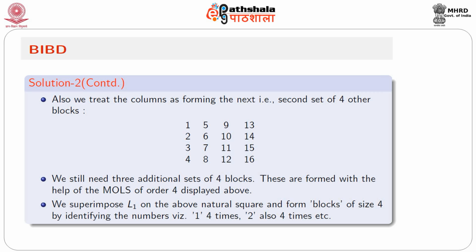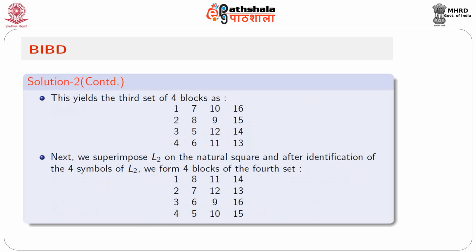So the idea is that you superimpose L1 on the natural square and you form blocks of size 4 by identifying the numbers. Namely, the number 1 you will identify 4 times in the natural square. The number 2 also you will identify 4 times in the natural square. Identify the numbers and start forming blocks. For example, when we superimpose L1 on this natural square, we find that the number 1 appears with the numbers 1, 7, 10 and 16 in the natural square.